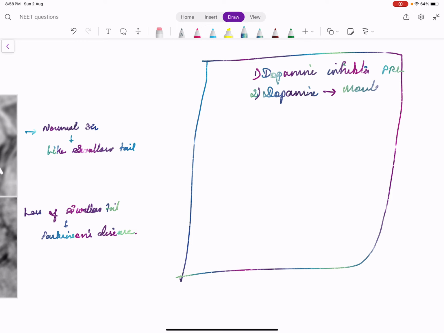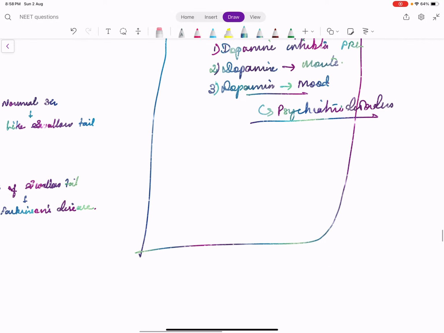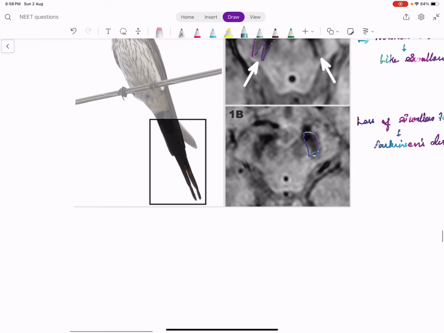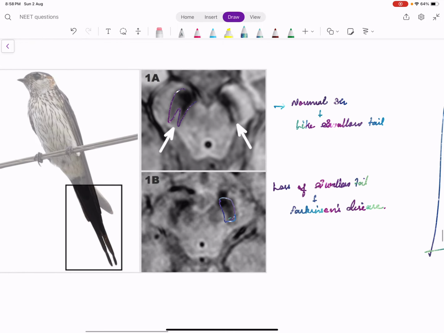So deficiency of dopamine will lead to Parkinson's disease. Plus, dopamine is present in another system in the brain. It helps to maintain mood, so problems with this lead to psychiatric disorders. So dopamine comes in psychiatry, in endocrinology, and in neurology also. So remember dopamine somewhere.